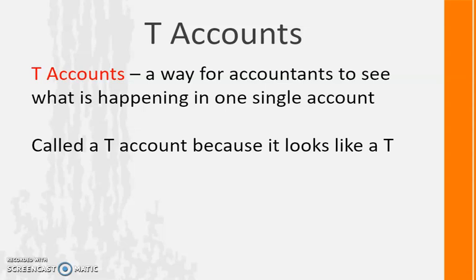The easiest way I can explain it is that it's similar to what we've done previously, where individual columns in those tables represented one account. So we're going to take that column and morph it into a different shape, and it's a T account because it looks like a T.